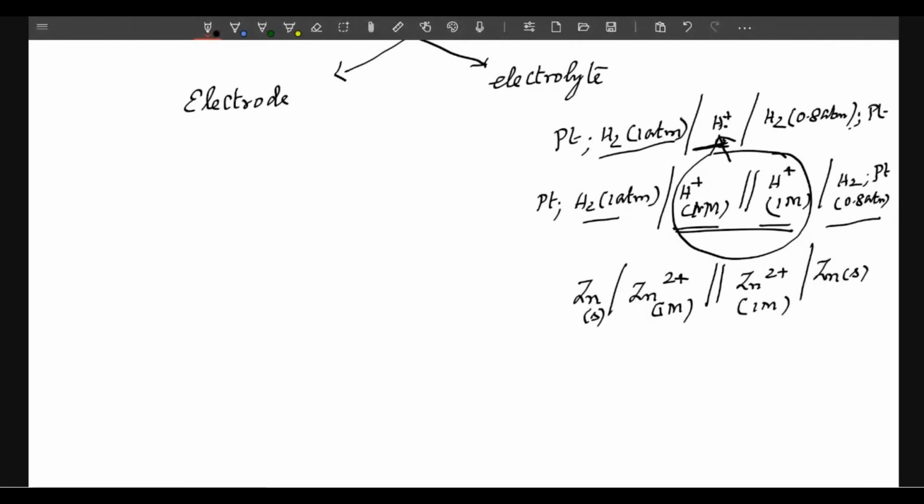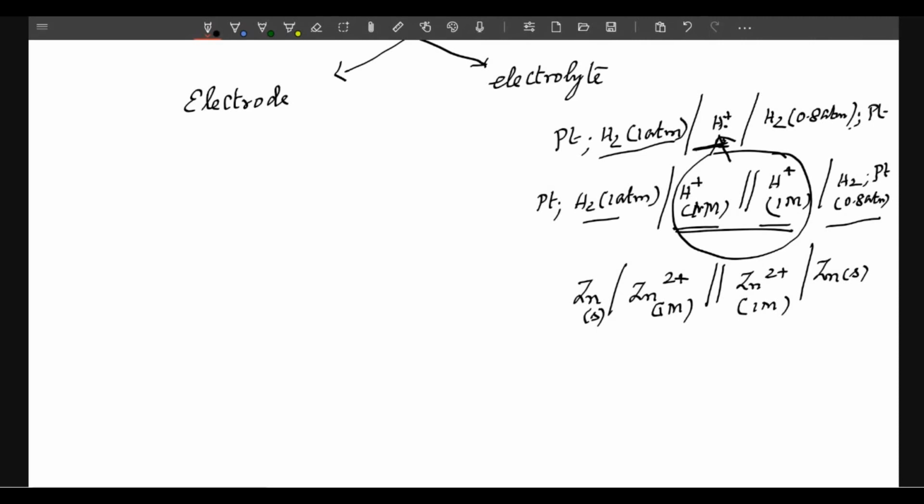Sir, how can we construct an electrode concentration cell using this type of metal electrode? Yes, we can change the activity of the zinc present in both cases. How, sir? Convert into amalgam.